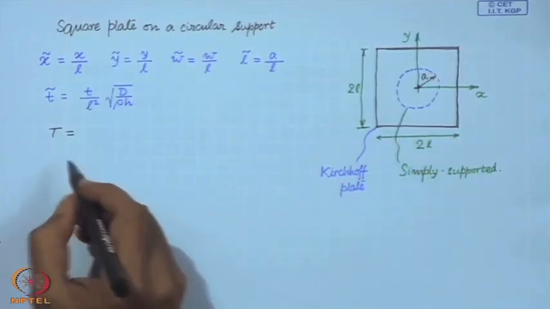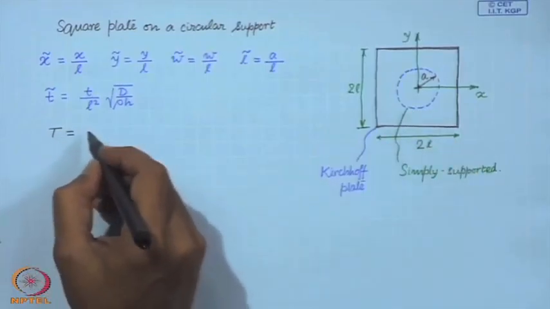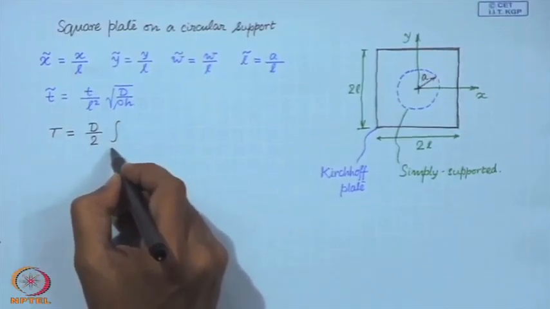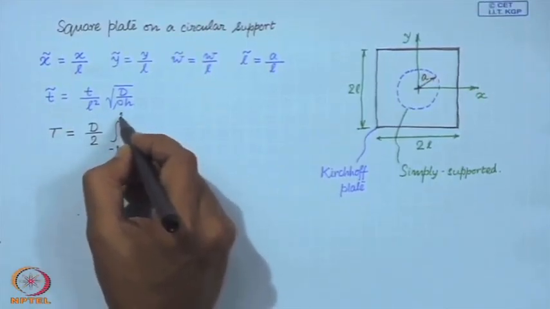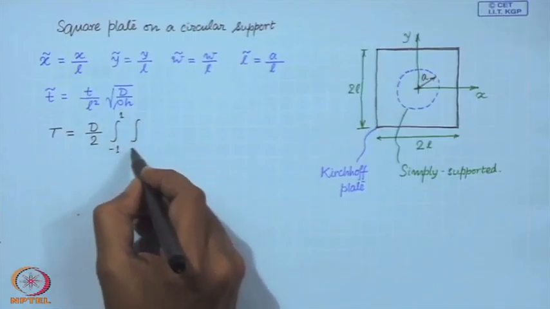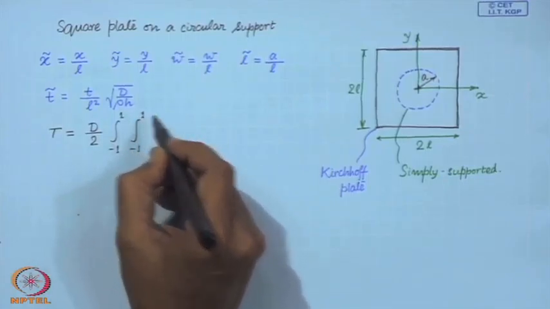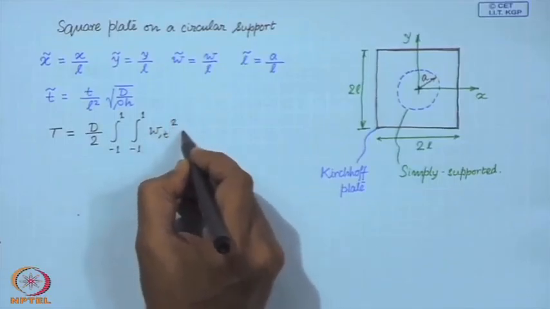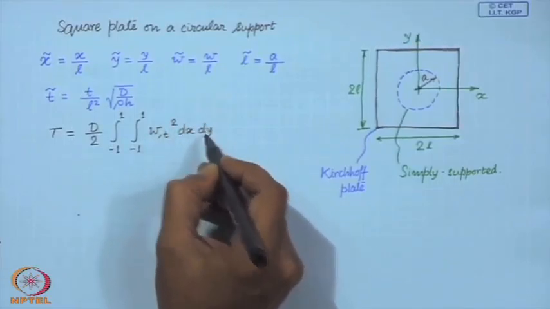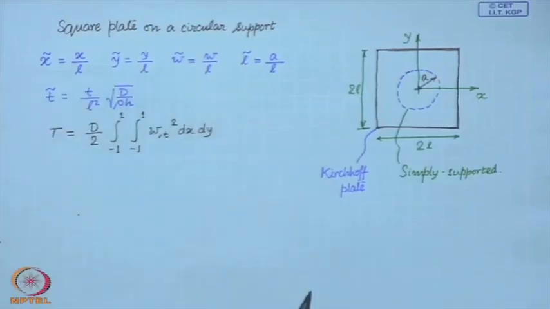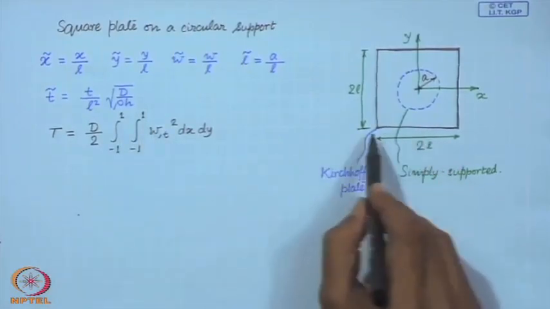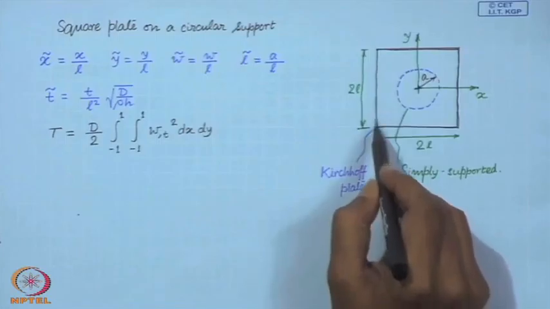In the Kirchhoff plate we do not consider the rotary inertia term, so the kinetic energy expression simplifies. These are all simplifying assumptions. I have dropped the tilde for convenience. So, here now x and y coordinates go from -1 to +1.